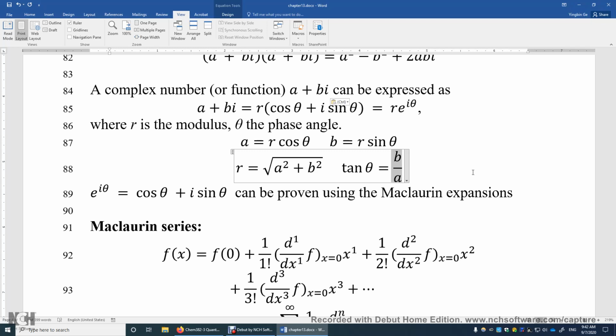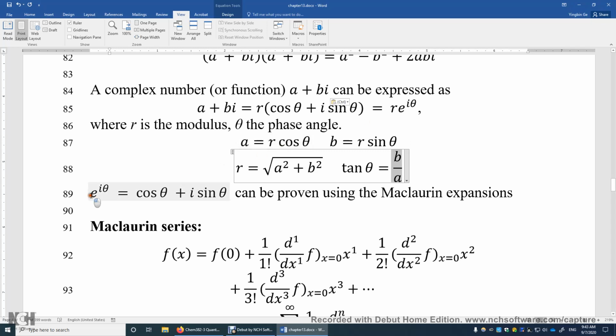In the second quadrant, x is negative, theta is between 90 and 180. In the third quadrant, both x and y are negative, theta is between 180 and 270. In the fourth quadrant, you have positive x and negative y, theta is between 270 and 360 degrees.